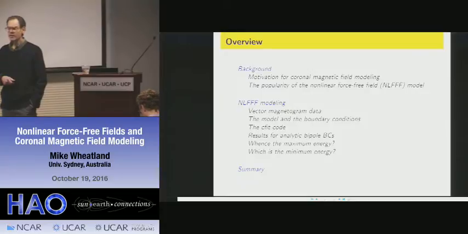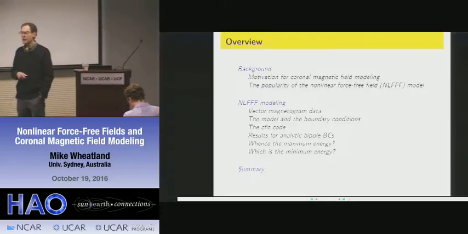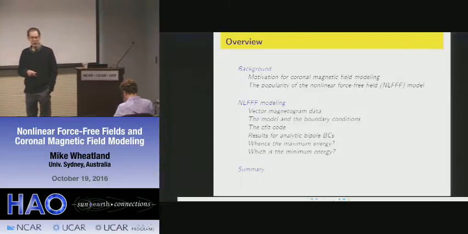I'll go through the details of a particular code, a method of solving the equations at hand that I've worked on, the CFID code. I'll explain the details of that and then show it applied to some analytic boundary conditions, one of which is the case that I showed on that first slide.